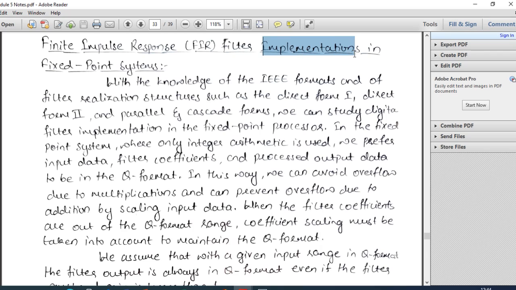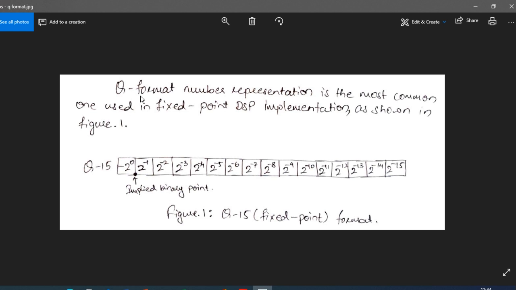When we are implementing it in a fixed point system, it should follow the Q format. The Q format number representation is the most common one used for fixed point in DSP implementation. This Q15 format has the first bit as the sign bit, and the remaining 15 bits are magnitude.